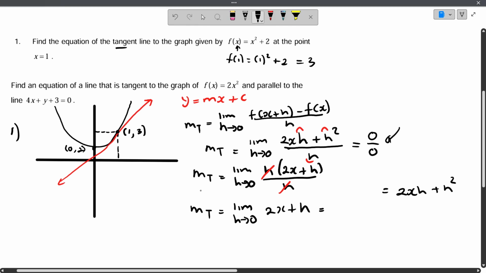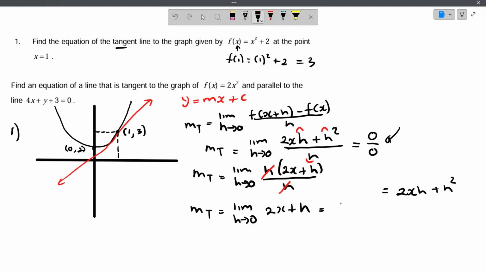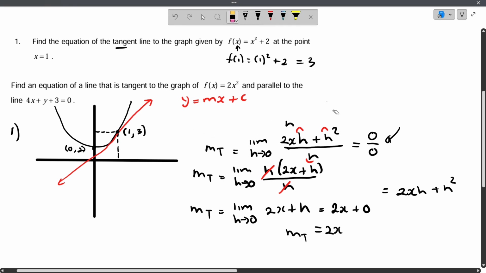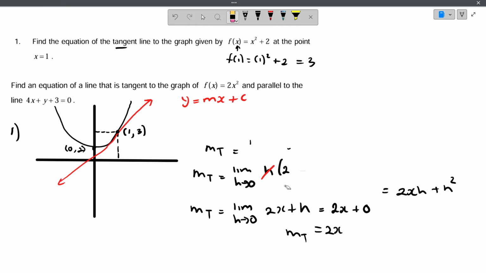Whenever I see h, I plug in 0, so I have 2x plus 0, which gives me 2x. That is the gradient of the tangent line.